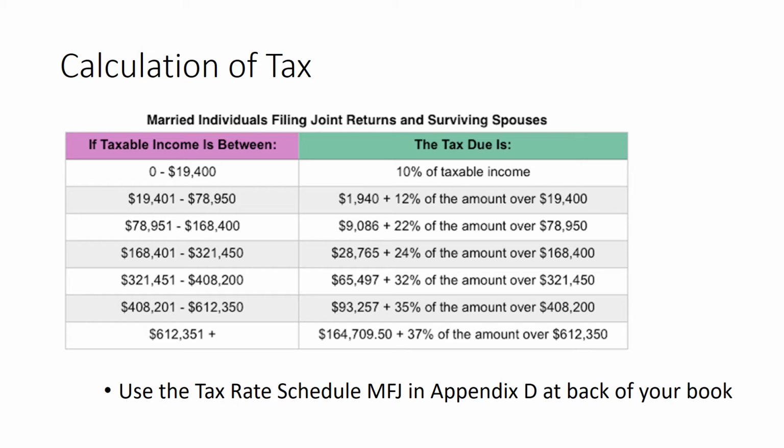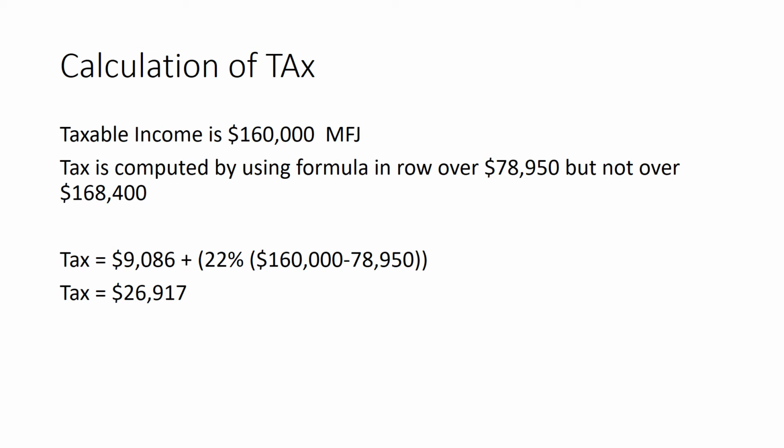So the formula for Bill and Mercedes will be $9,086 plus 22%. Their taxable income is above 78,950. Okay, so let's see how that works out. So taxable income is 160,000 married filing joint. We already said we're going to use the tax formula that is in the row over 78,950 but not over 168,400.